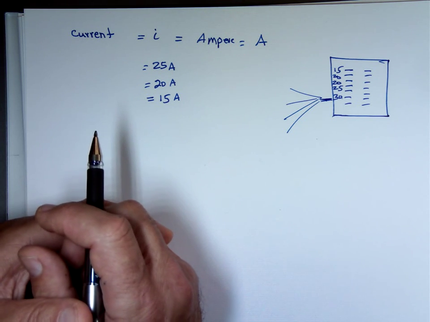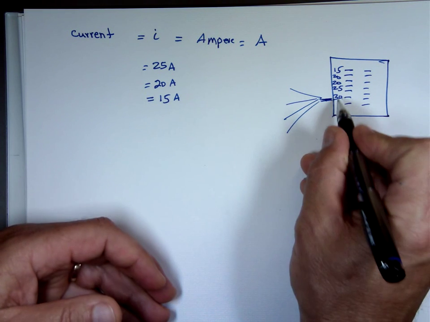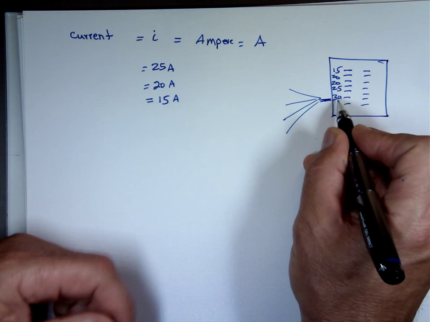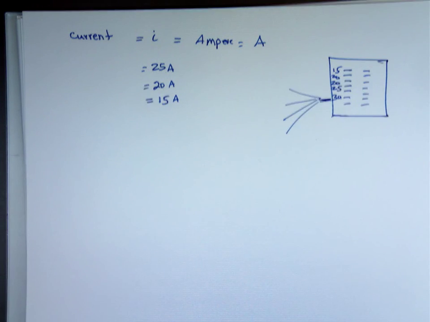Now, I've seen people going, oh, the circuit breaker keeps tripping. Let me put a bigger one. They have a 15 amp, let me put a 30 amp here. So now instead of 15, it's 30. Wonderful. What's the drawback to that? Exactly, the wires. The wires attached to the 15 amp are not heavy duty wires.